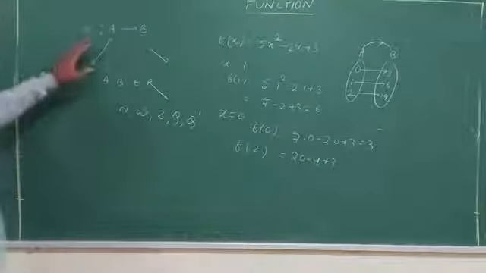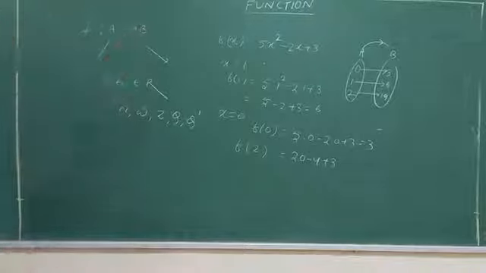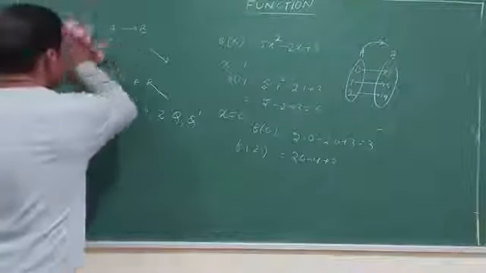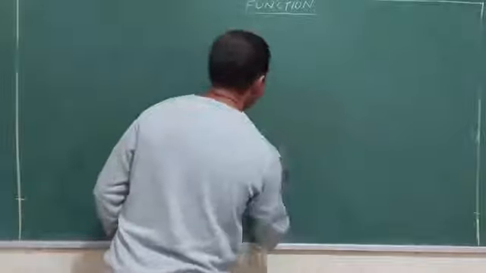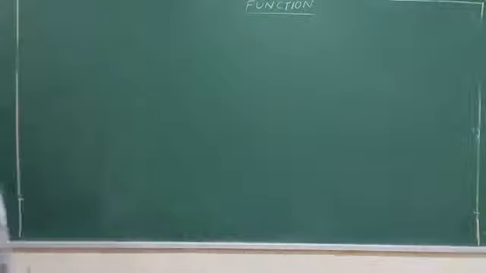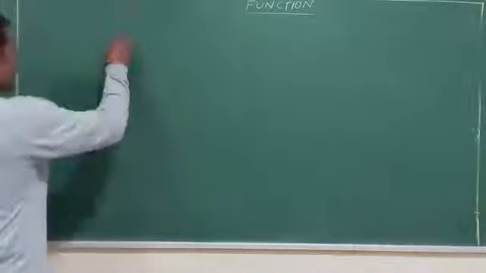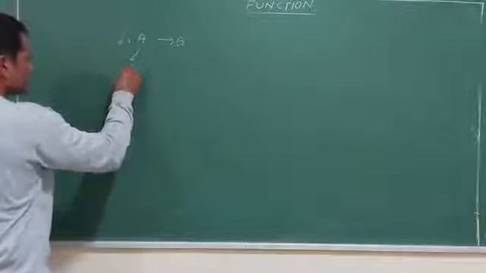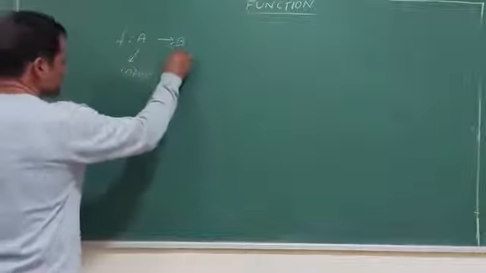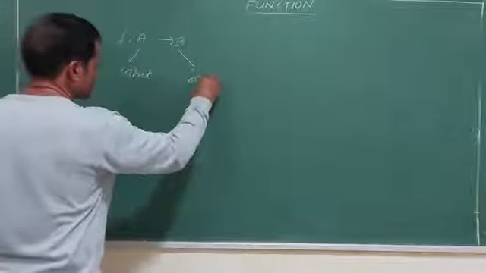So, whenever writing f: A to B, A is known as input, and B is known as output. This is in simple language.